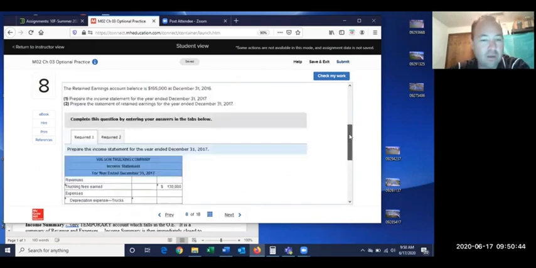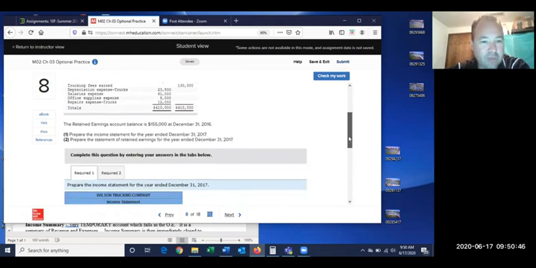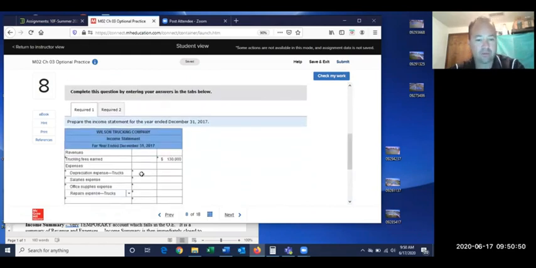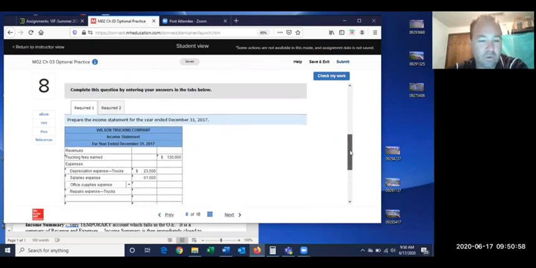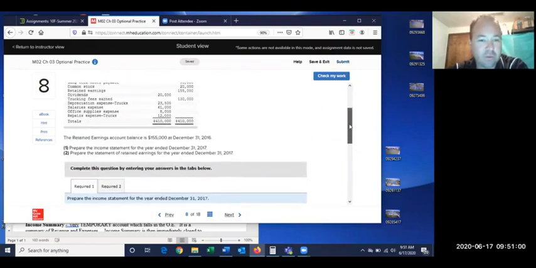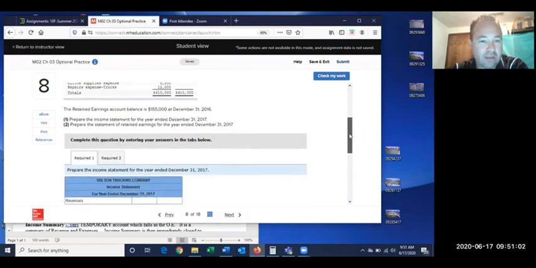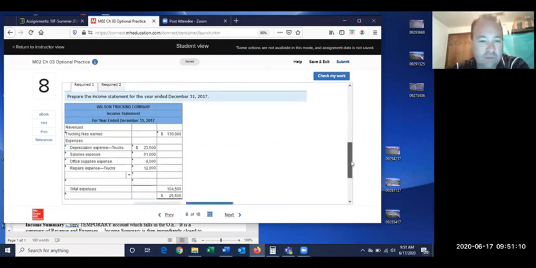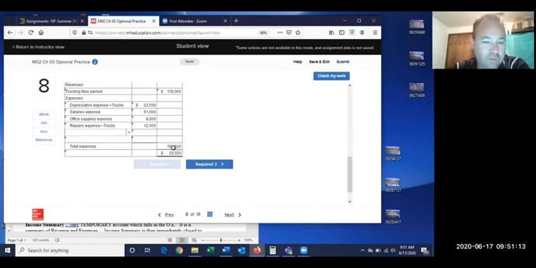Okay, we've got all those forward. Now we just need to put in the amounts. 23,500, 61,000. So we put these over in the subtotal because we have more than one expense, so we want to total them all up together. 23,500, 61, all right. And then the last 2 are easy, 8 and 12. And it's good that they already have it totaling up for us, so that's nice.